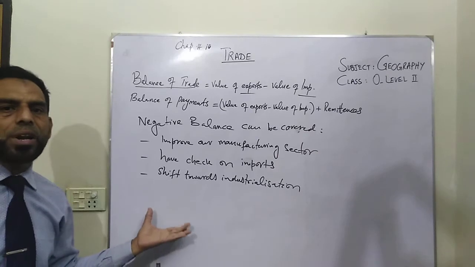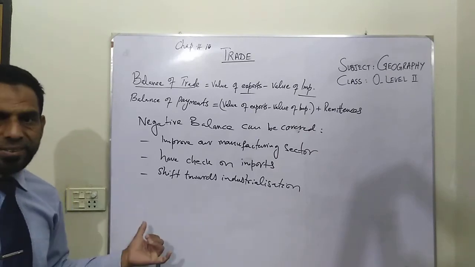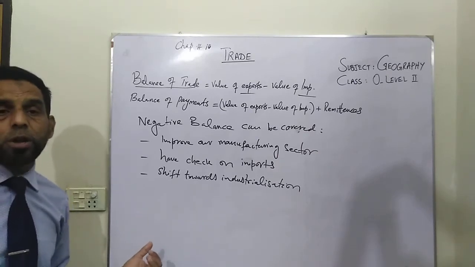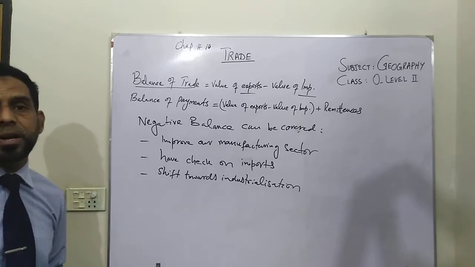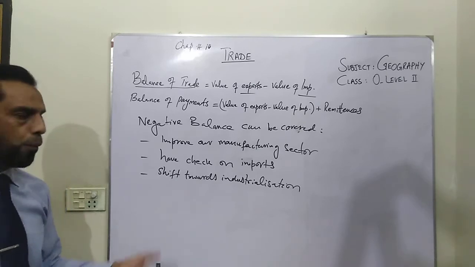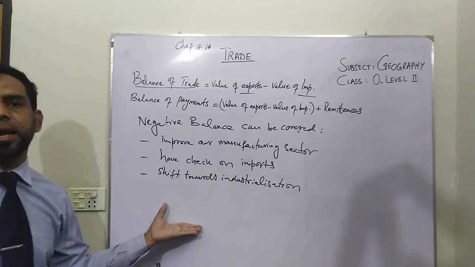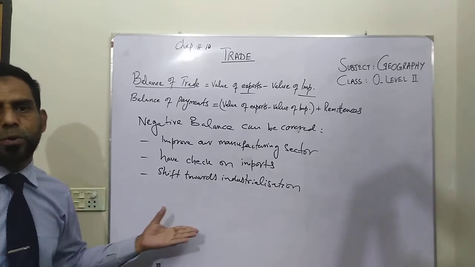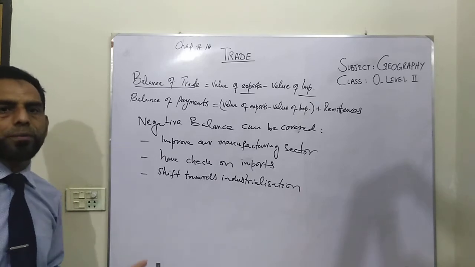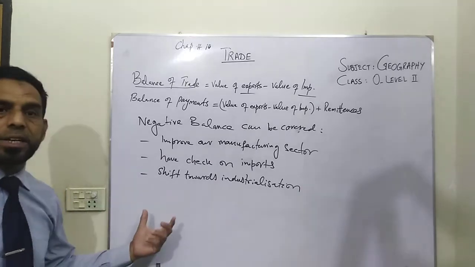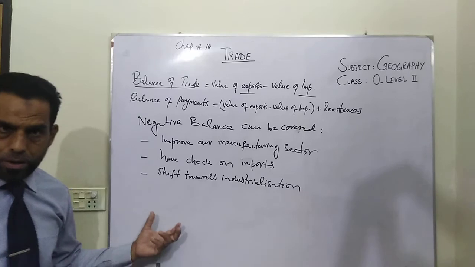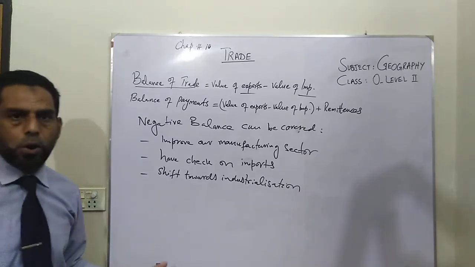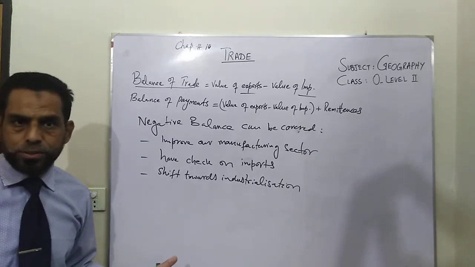issues. Then we need to improve our mining sector so that we need not import minerals from other countries for processing here. We need to have a good check on our agriculture, on our primary sector, so that we are producing raw material locally, not imported from other countries, especially edible oil, mineral oil, natural gas.